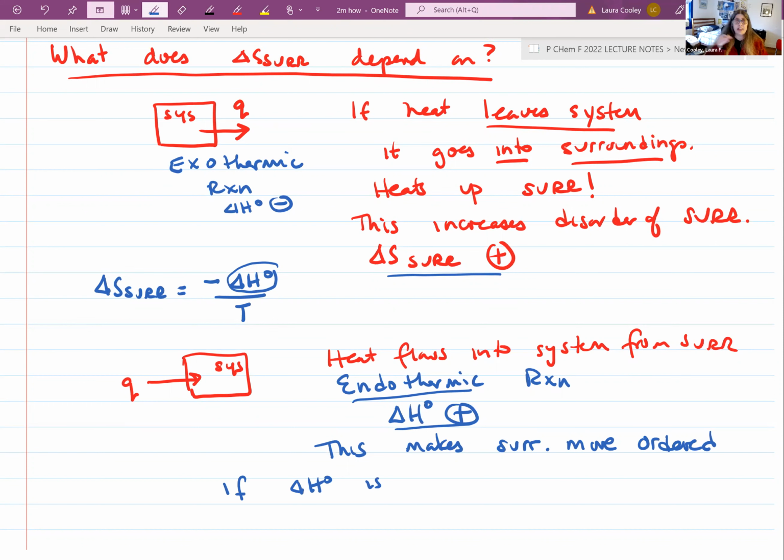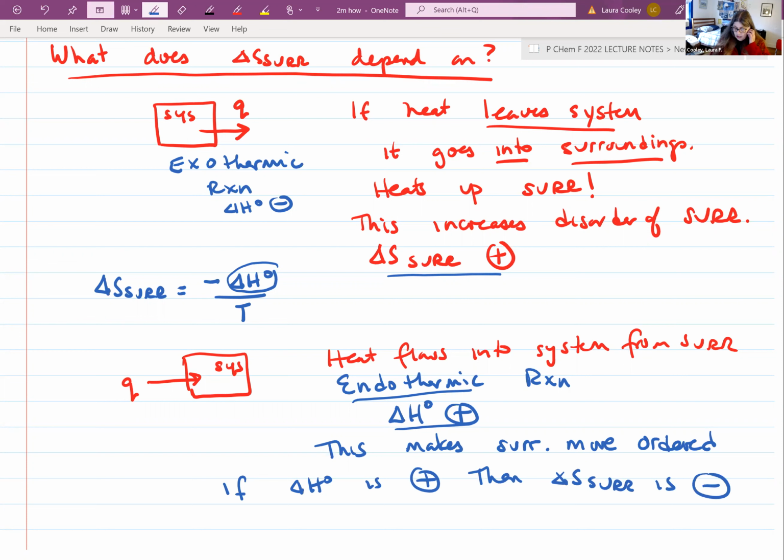So if you had, say, a gas moving fast, and you took some of the heat from those surroundings and moved it into the system, the gas molecules would be moving more slowly. Or maybe a liquid would become a solid, like in the example I did the first day of class. But anyway, if delta H is positive, then delta S surroundings is negative.